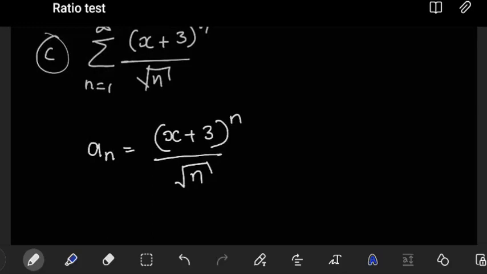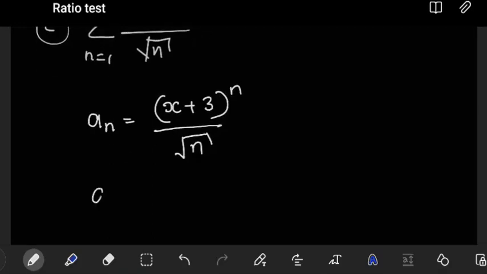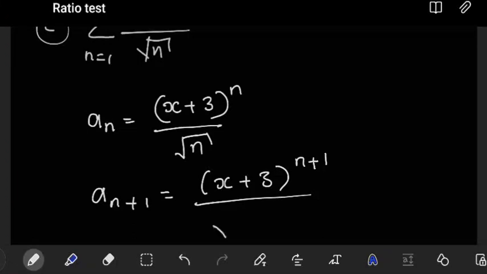Having defined our an, the next we need our a sub n plus 1. So it's basically the same expression, but where we have n, we'll put n plus 1. So this is going to be x plus 3 to the power n plus 1 over the square root of n plus 1.